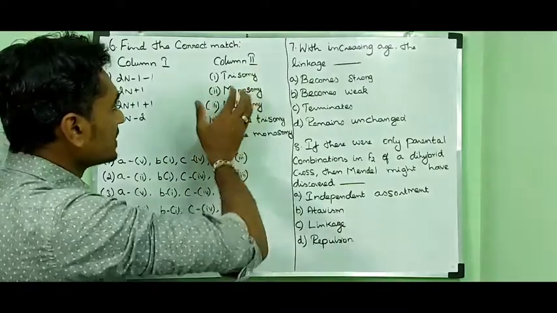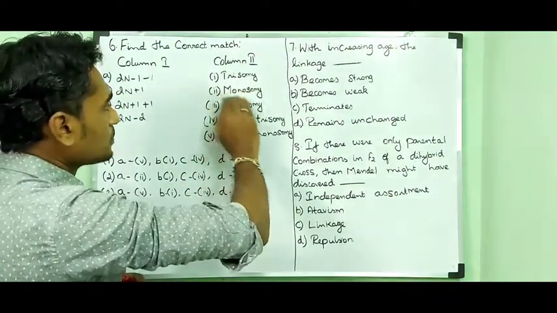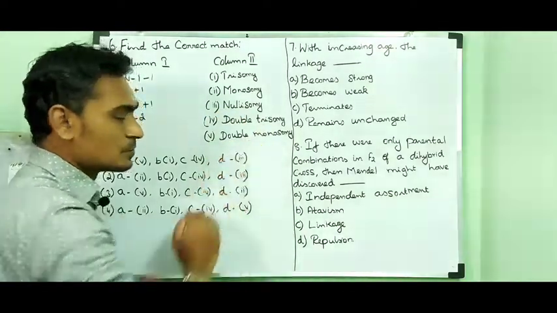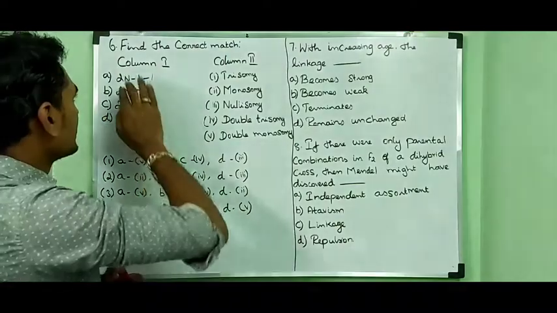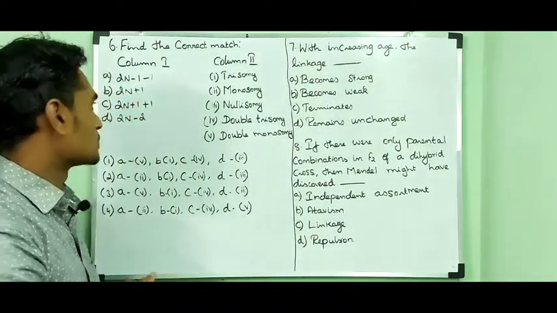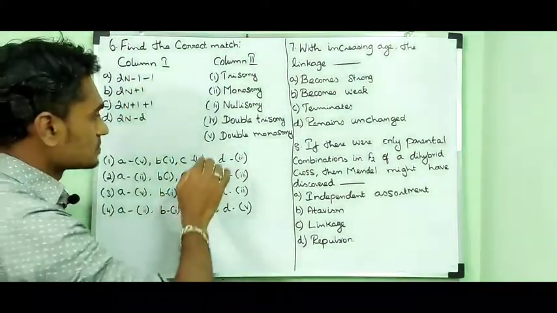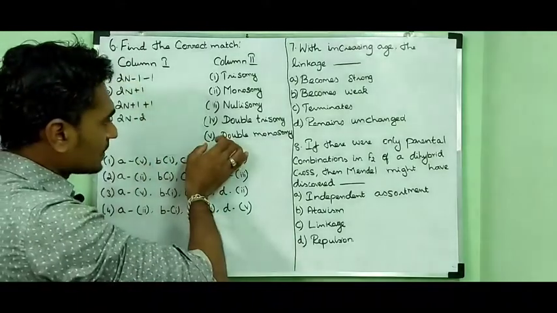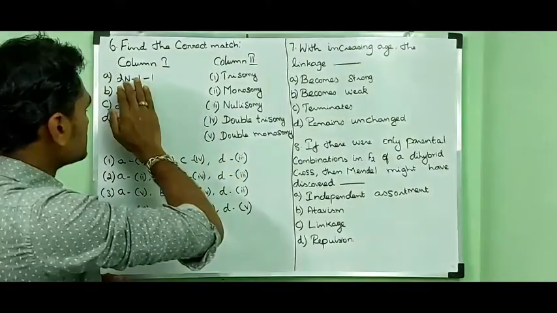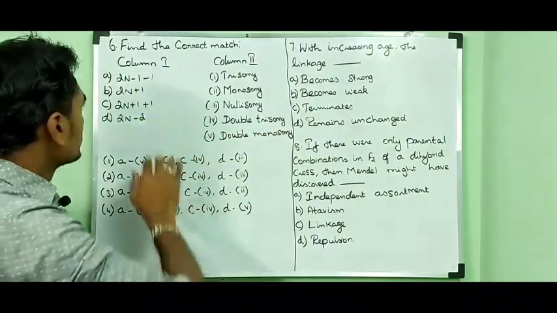In column 2 they have given the condition names: trisomy, monosomy, nullisomy, double trisomy, double monosomy. A, 2n minus 1 minus 1, is double monosomy, so A matches with Roman numeral 5.